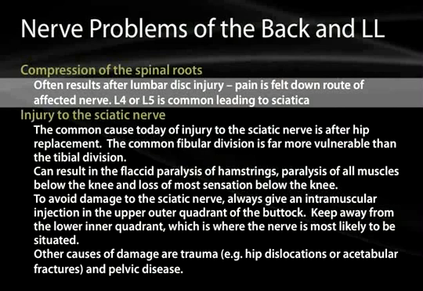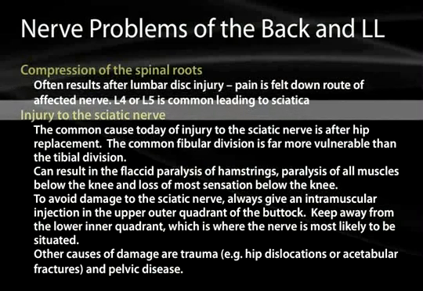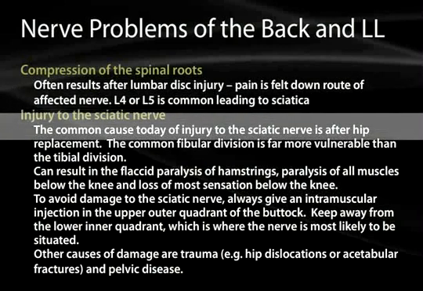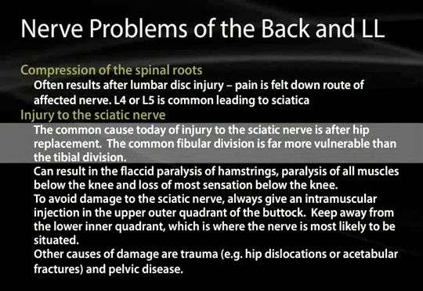And L4, L5 is common, and those two being compressed will give you shooting pain below the knee, which would give you sciatica. If you have an injury to the sciatic nerve, one of the common causes of that is after hip replacement, and the common fibular division is more vulnerable than the tibial division during the replacement.